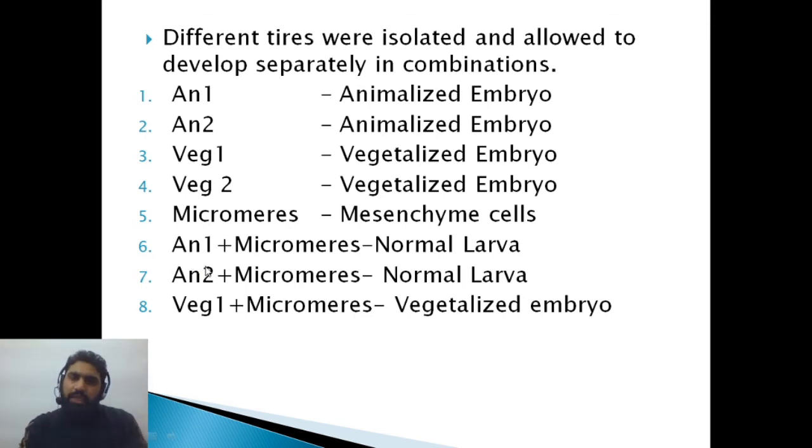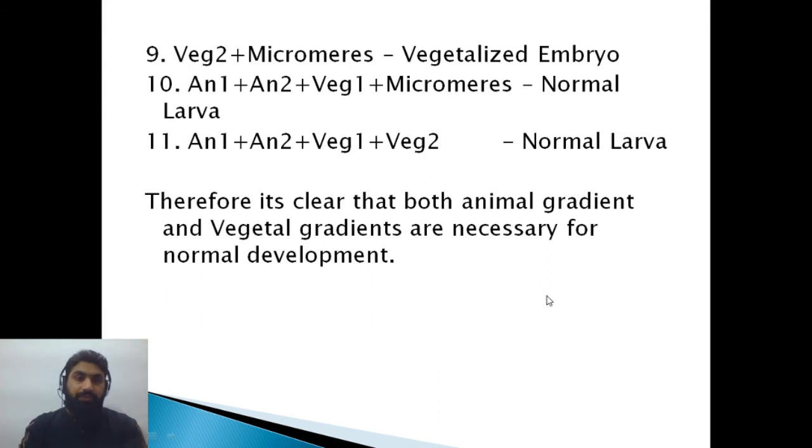That's all. Then we allowed the combination of AN2 and micromeres to develop. What is AN2? It contains animal gradient. Micromeres contain vegetal gradient. A normal larva was formed. Veg1 and micromeres both contain vegetal gradient only, so only a vegetalized embryo was produced. Veg2 and micromeres, then also only a vegetalized embryo was produced.